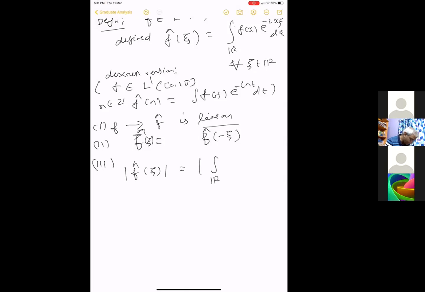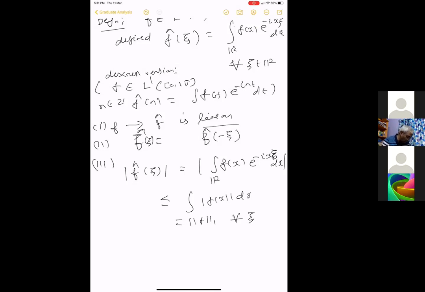So the integral over R of f of x e to the power of minus i x xi dx, modulus. That is less than or equal to the integral of, so the e to the power of ix has modulus 1, so that will just go away. It is just the integral of modulus f of x dx, which is the L1 norm, norm f1. So modulus f hat xi is less than or equal to norm f1 for all xi.